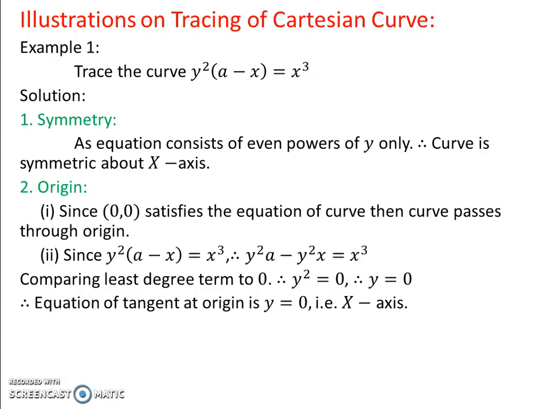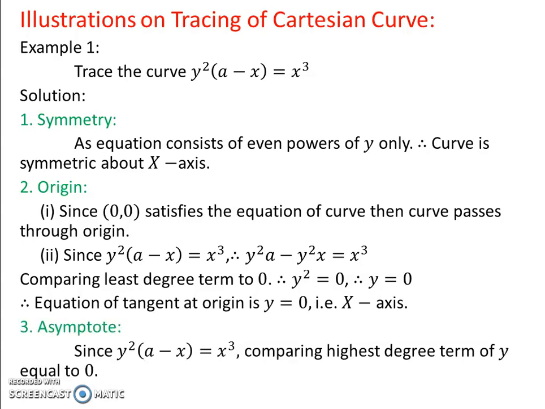Now third, we will consider the asymptote. If you consider y² = x³/(a − x), as x tends to a, y tends to infinity.